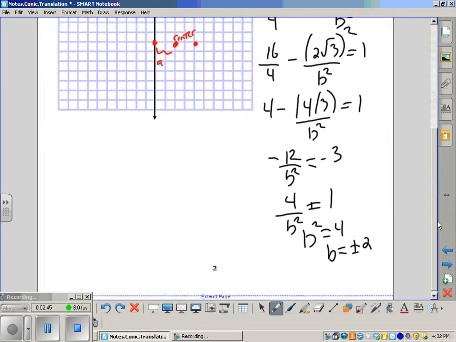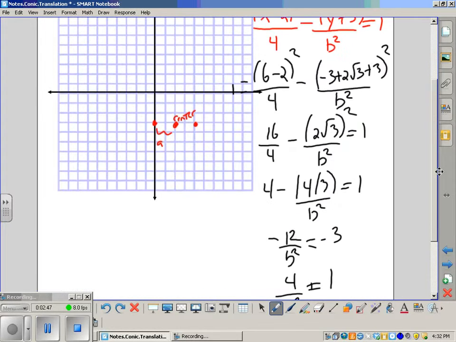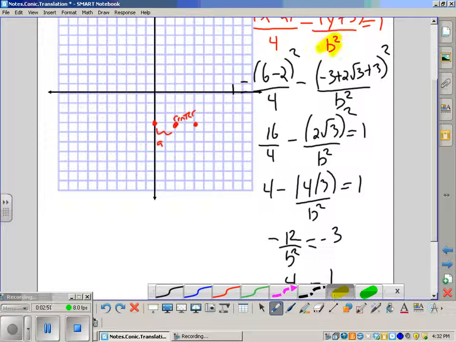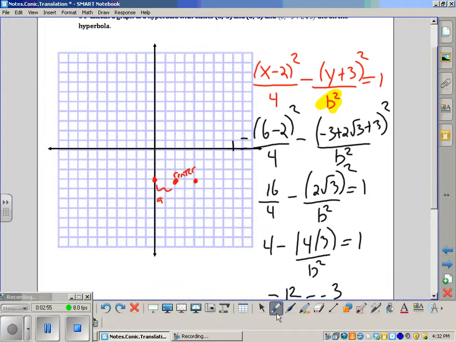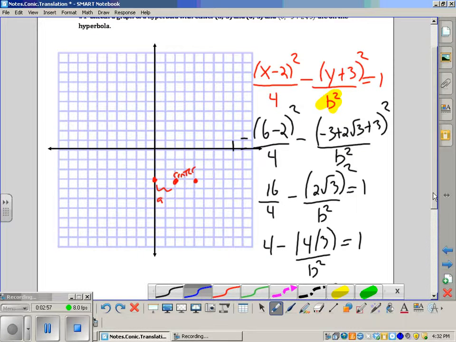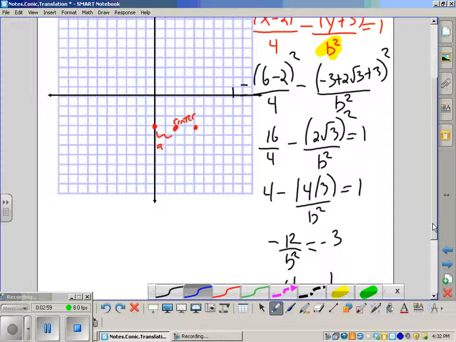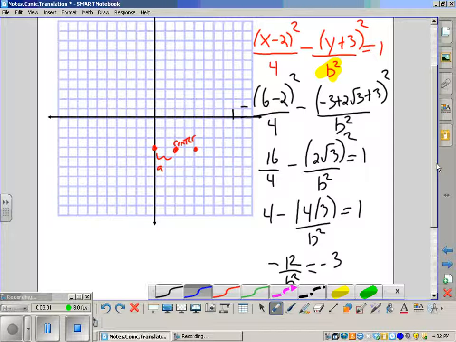So if we were asked real quick to write the equation, we're going to come back up here and we're just going to throw a 4 in where I just highlighted. So we are pretty close to being done. And let's write the equation real quick. So here we go.